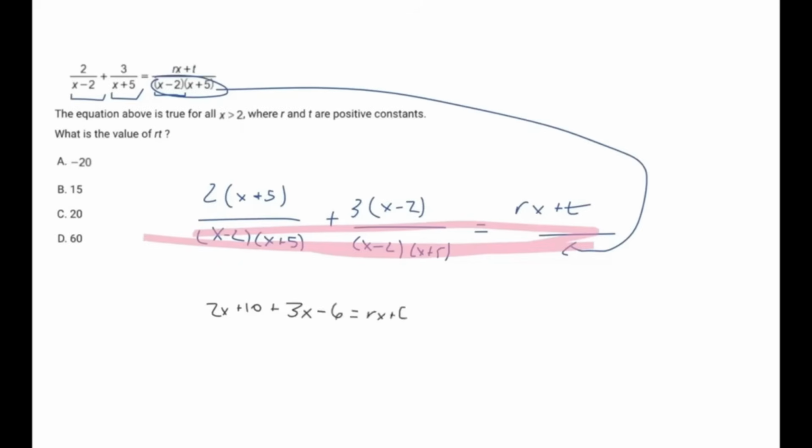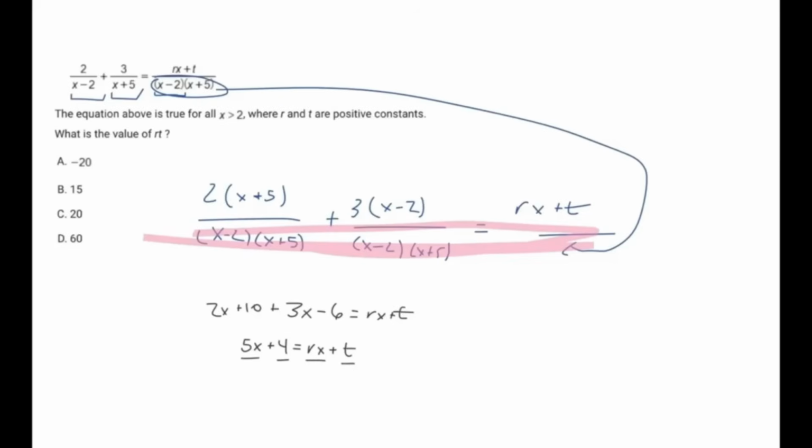And this simplifies further, and it's actually kind of cool what happens. So we have 2x plus 3x, which is 5x, we're just combining like terms, and then 10 minus 6 is plus 4. So if we look at this, what you'll find is that on the left side, we have an x term and a constant. On the right side, we also have an x term, rx, and a constant t.